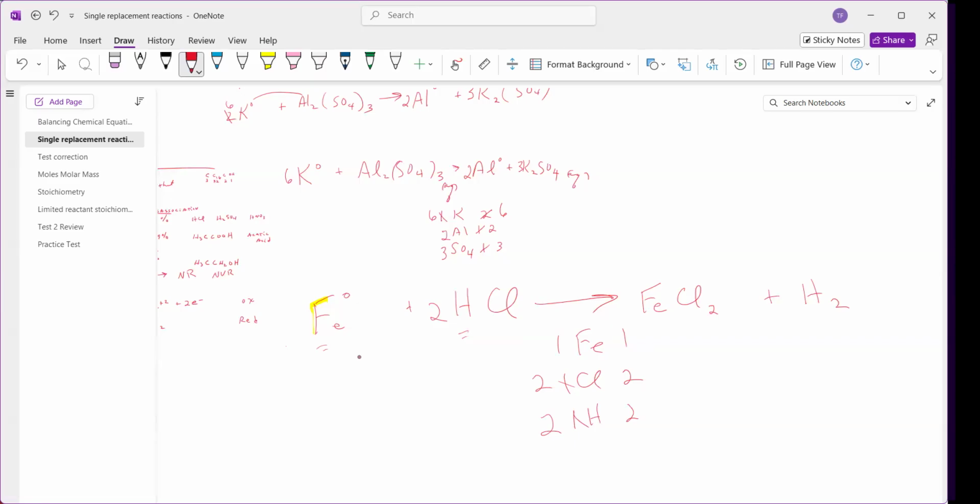In the case of rust, what happens is this would then undergo another reaction with oxygen and it forms rust. It's like a secondary reaction. That frequently happens in nature.